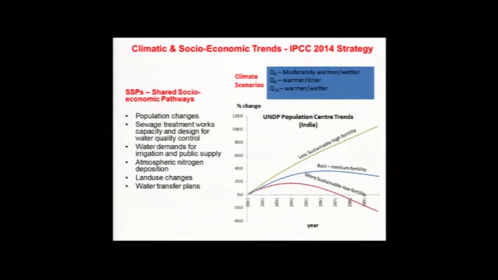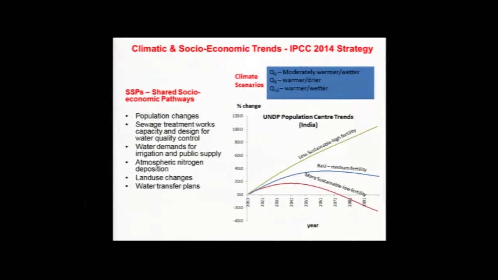The factors which contributed to deciding these scenarios are basically population changes, sewage treatment works, which exist and are also being planned as a part of the Ganga River Basin Management Plan, and of course the water demands, the atmospheric nitrogen deposition, the land use changes, and whatever secondary data we could get out of the literature in terms of projected changes. And of course I'll show you one scenario at least in terms of the major water transfer plans which India has at the moment.